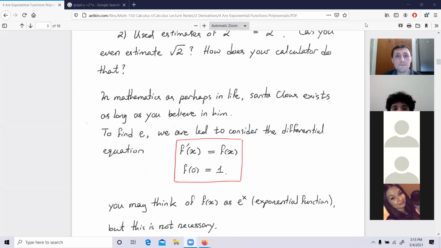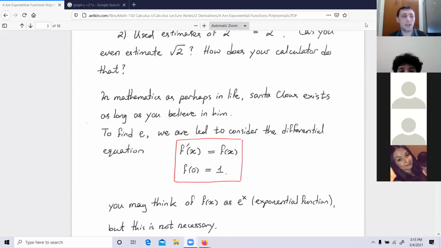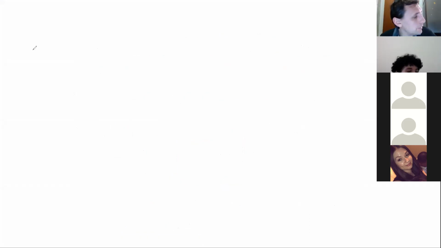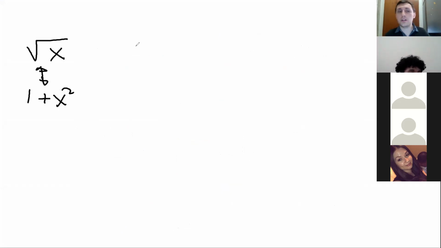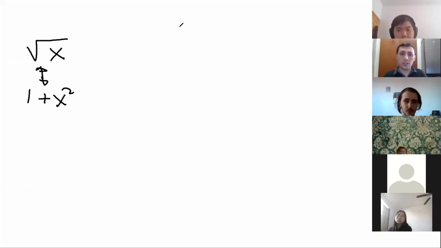So here is the question that I have here, guys. Do you see the difference between the symbol root of x as opposed to 1 plus x squared? What's the difference between those two functions? Well, in one function, you don't really have a formula. When I say root of x, you don't have a formula for carrying the calculation.